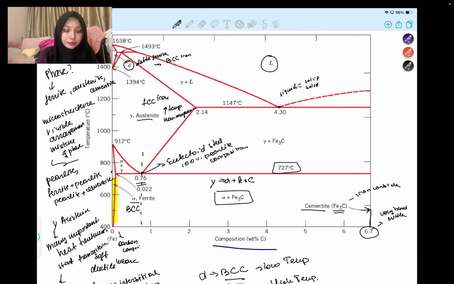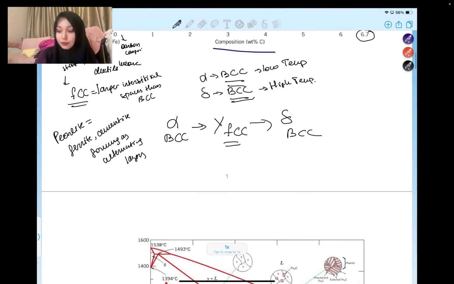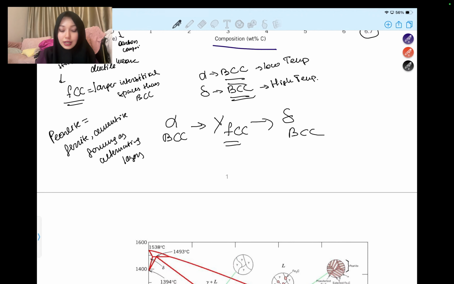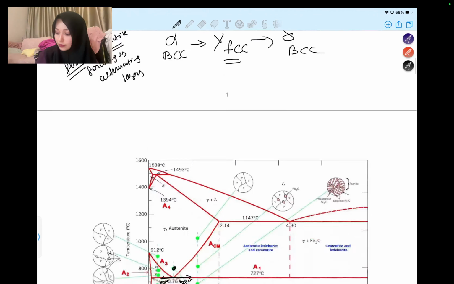Then, about pearlite properties here, pearlite is harder than ferrite, but more ductile than cementite, and it has a balanced strength and ductility.